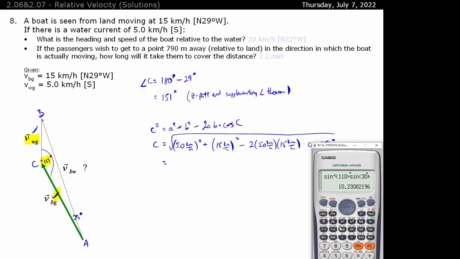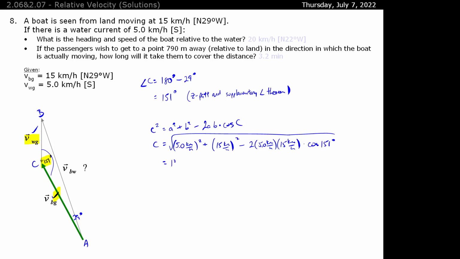Calculator time. 19.52 kilometers per hour. Good. Now we found out the length of VBW.